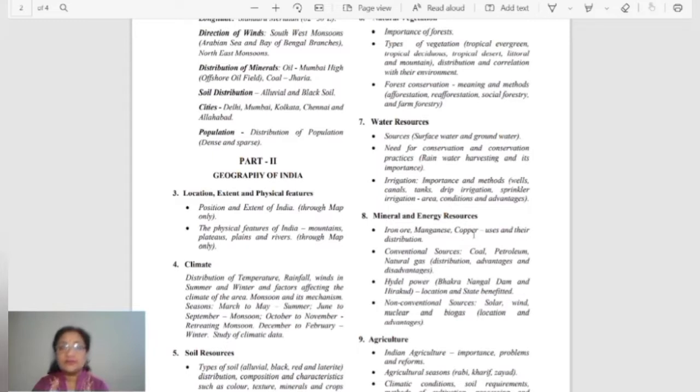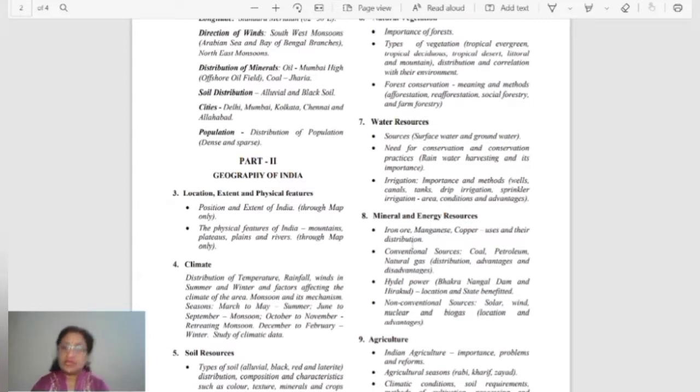In the mineral resources chapter, you will find bauxite is also there. 4 minerals are there in the book, which were earlier a part of the ICSE syllabus. Now out of all these, bauxite is not a part of it. In the reduced syllabus, you just have to study about iron ore, manganese and copper, their uses, their distribution, all these things.